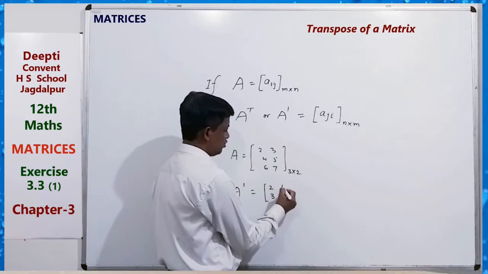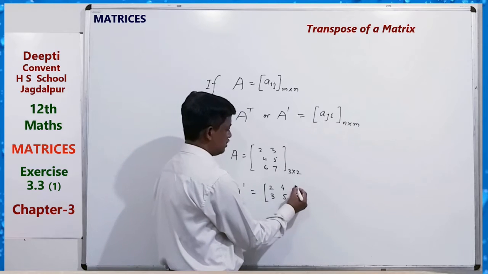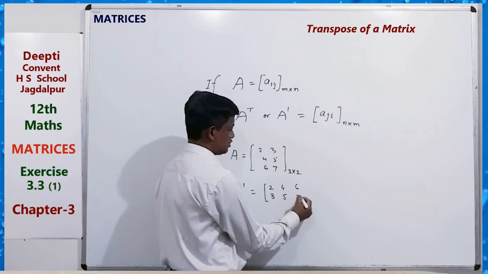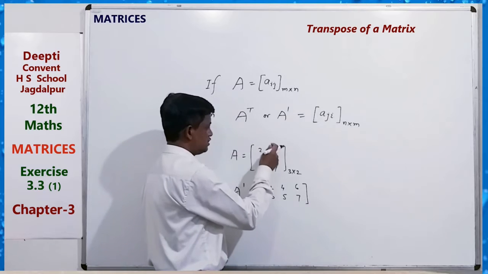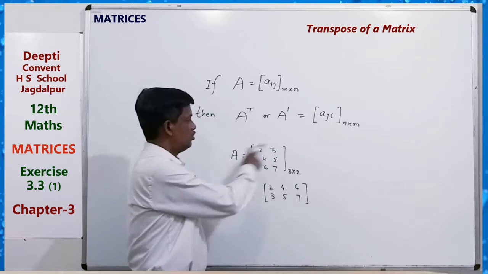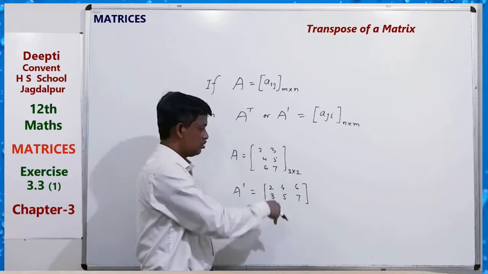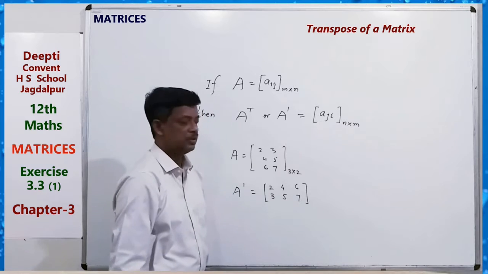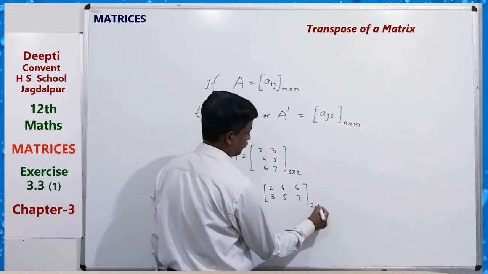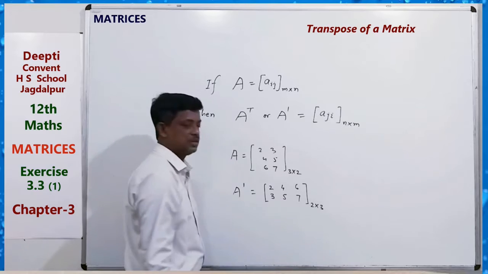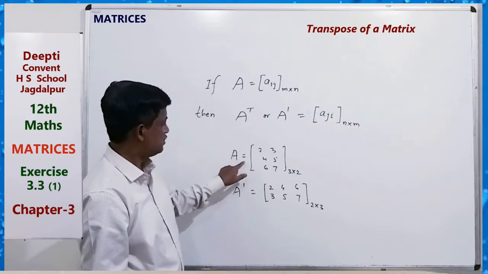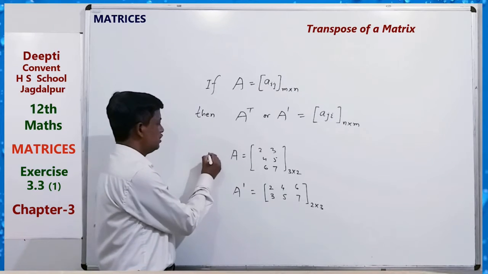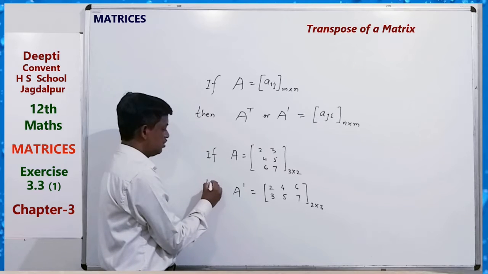Similarly, row 4, 5 and row 6, 7. Row changing to column, row changing to column, row changing to column. So this is 2 by 3. This is the transpose. If A is this, then this. Okay, this is for a particular example.